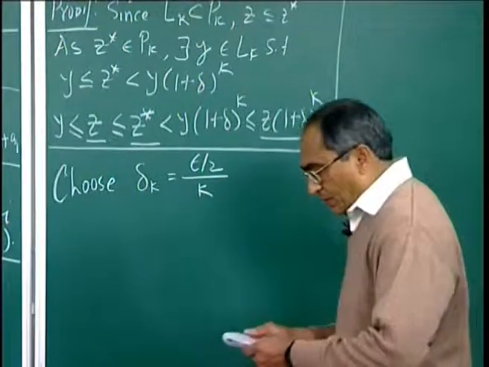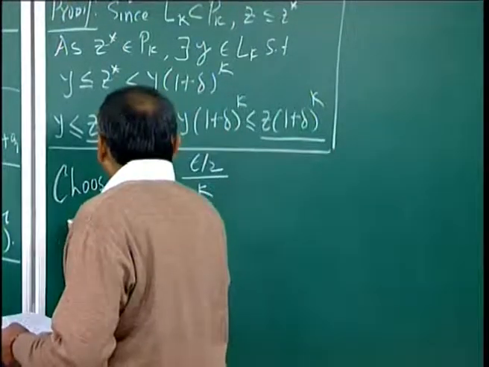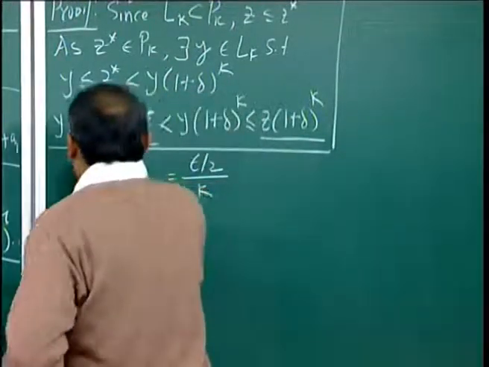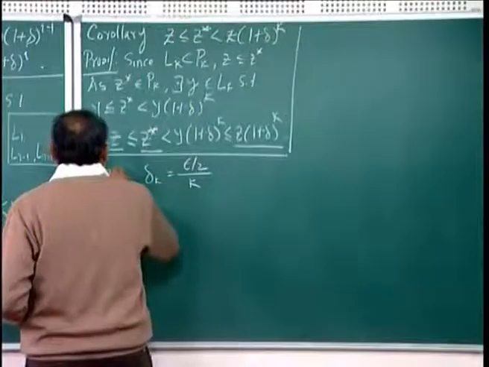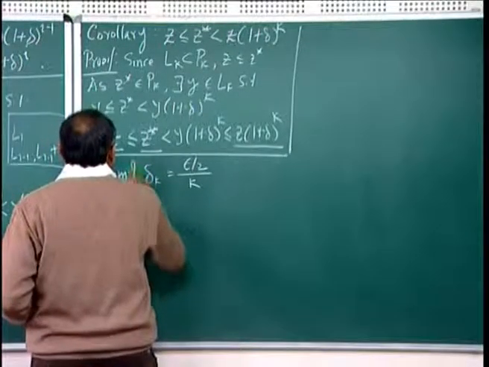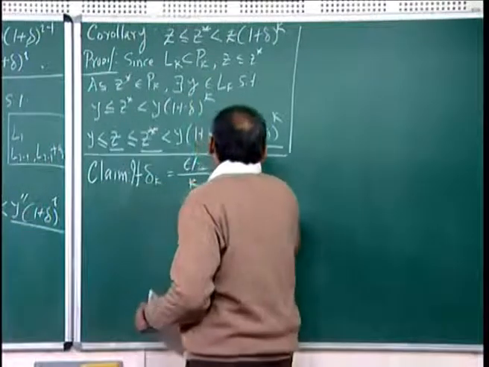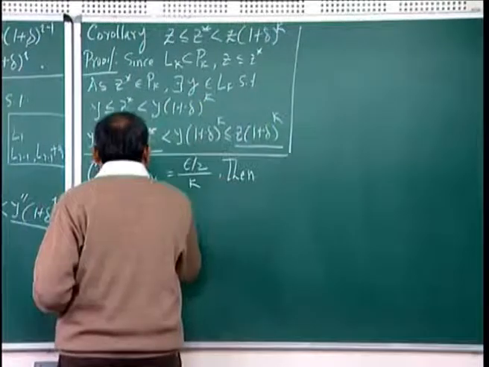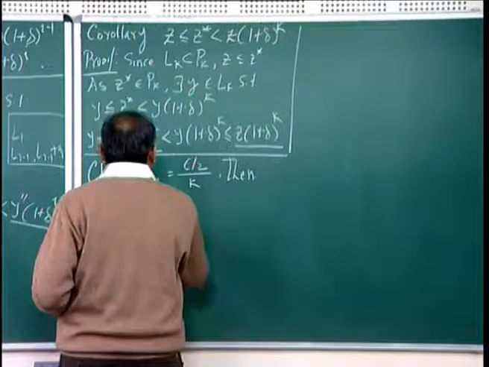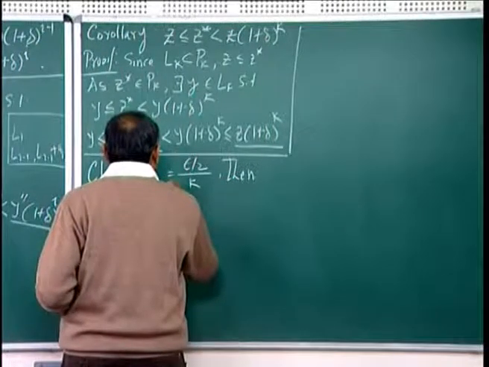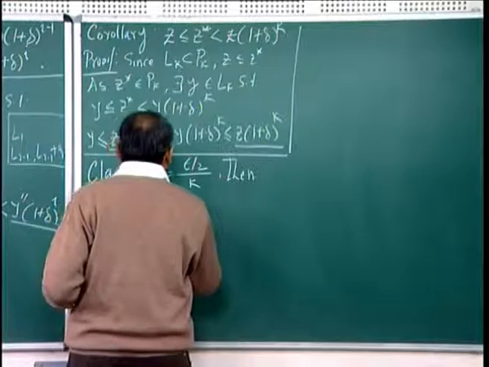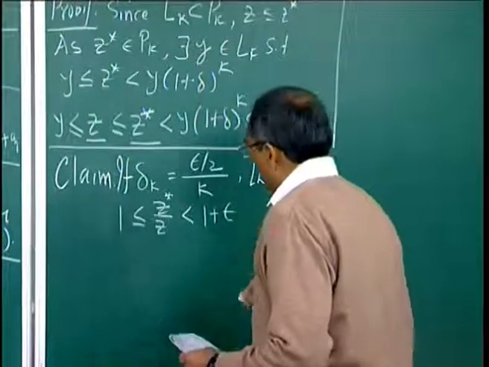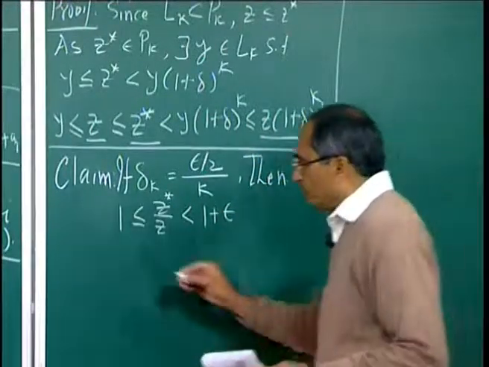inequalities. So, our claim is, or I would say, we have a claim which says if this is this, then we have what we wanted, 1 less than or equal to Z star by Z, which is less than 1 plus epsilon. So, let us prove this.